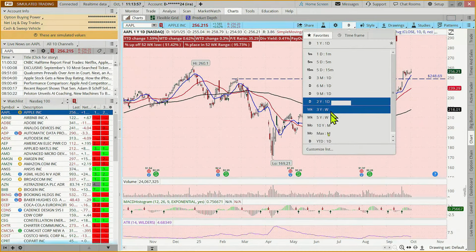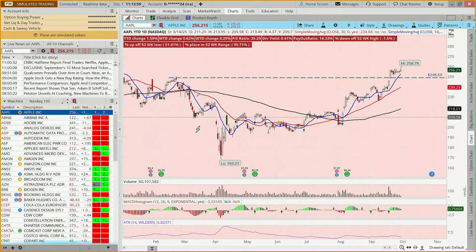If I make this a year to date chart, we can see this big bowl pattern, and then it recently broke out, and it's been consolidating. We would call this pattern an uptrend, and then a bull flag and a stiff wind. But we have this diagonal breakout, and then it's been consolidating.